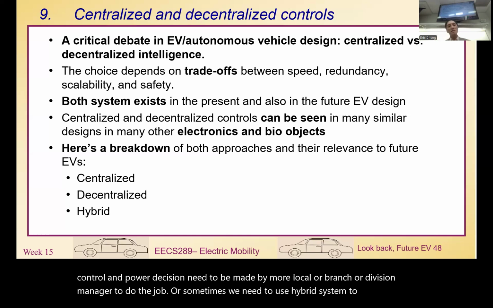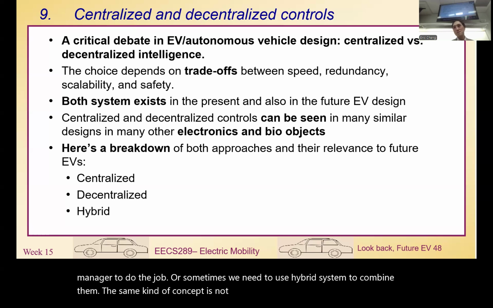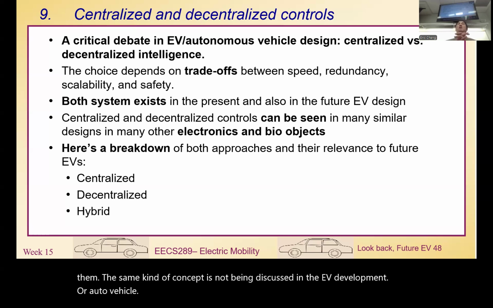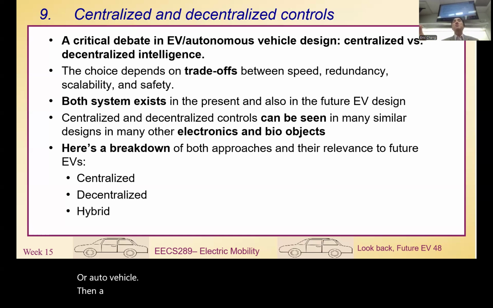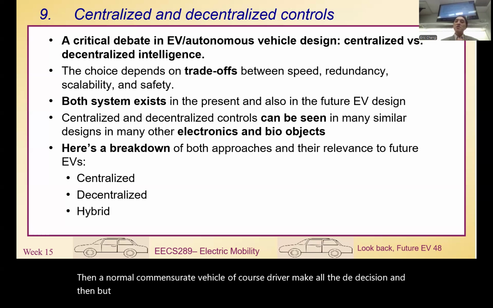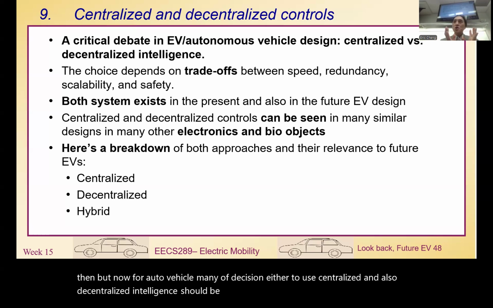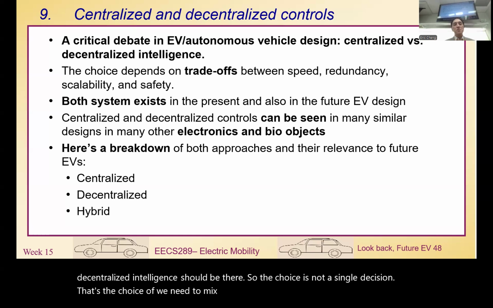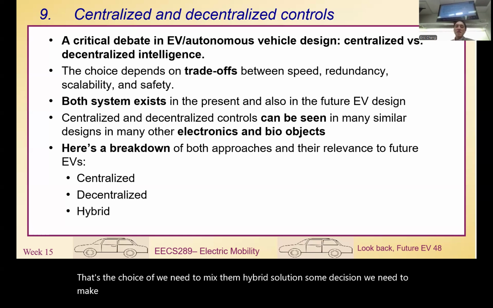The same kind of concept is now being discussed in EV development and autonomous vehicles. In a normal conventional vehicle, of course, the driver makes all the decisions. But for an autonomous vehicle, many decisions need both centralized and decentralized intelligence. So the choice is not a single decision. That's the trade-off. We need to mix them, a hybrid solution. Some decisions we make centralized, some decentralized.